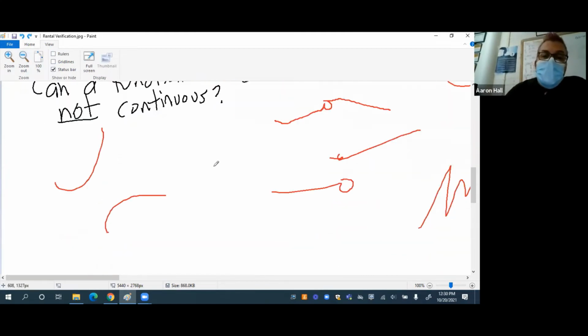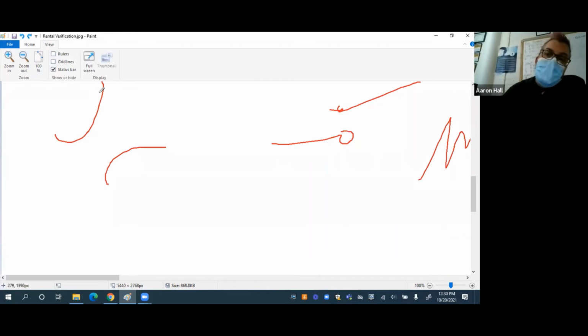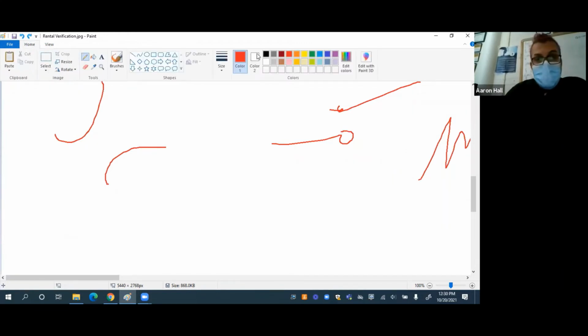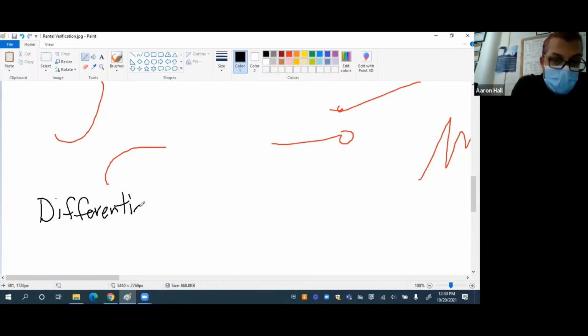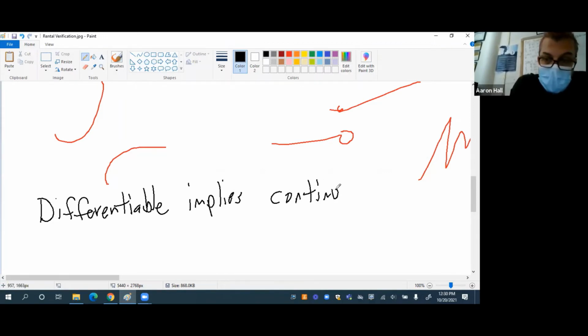So what that means then is that differentiable implies continuous. What that means is differentiable implies continuous. The graph has to be continuous in order to be differentiable.